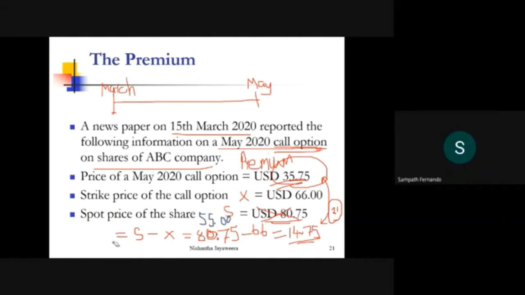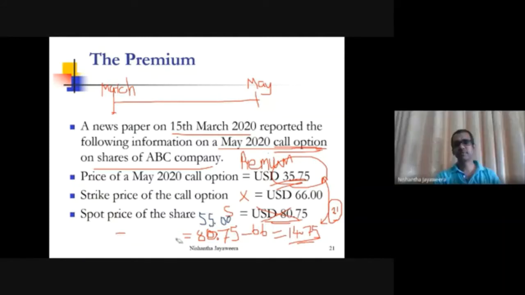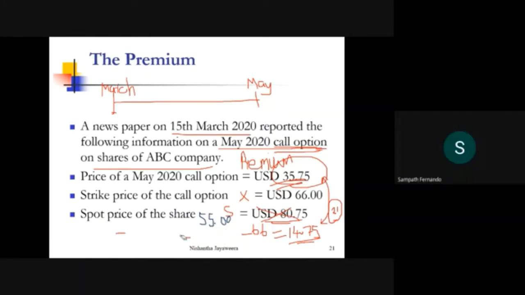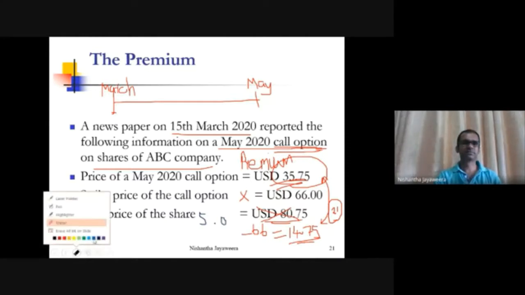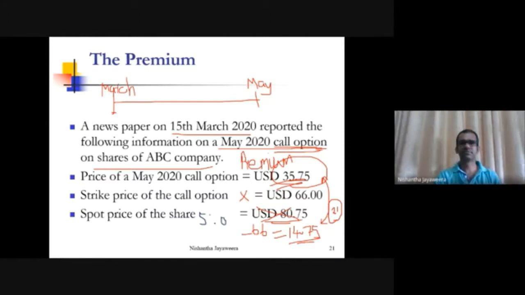Intrinsic value is 0. It would be 0, right? Yes. Intrinsic value is 0. Why?